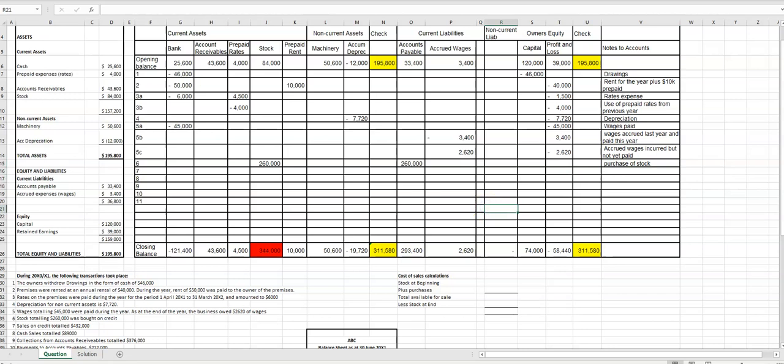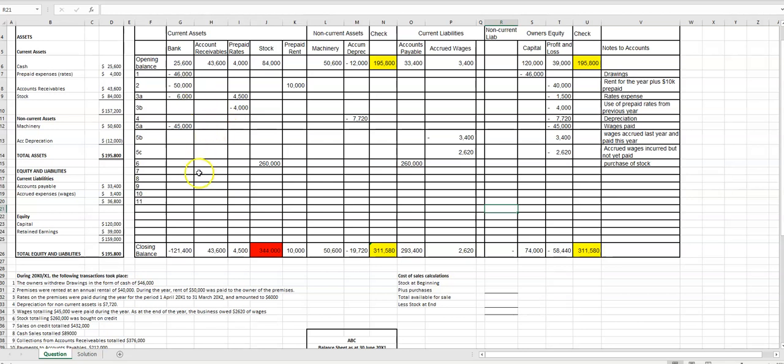Okay, sales on credit totaling 432,000. So we've made a whole bundle of sales, but we're going to get paid for that sometime in the future. So with our sales on credit, we need to account for the increase in our accounts receivable account. We haven't received the cash as yet, so it doesn't affect our bank account.